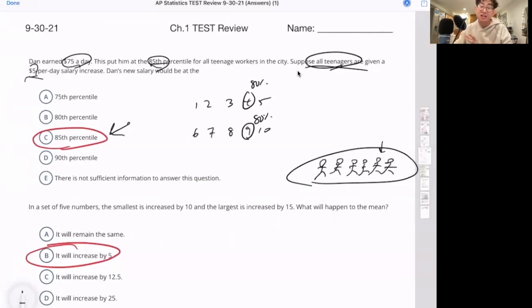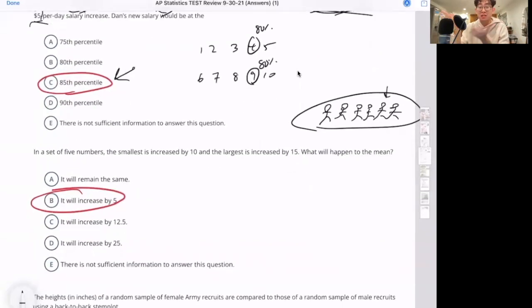So your percentile does not change. Percentile means the position. If you're the 90th percentile of the group, that means you're in the top 10%. If there are 100 people, you will be at position number 90 from this way.